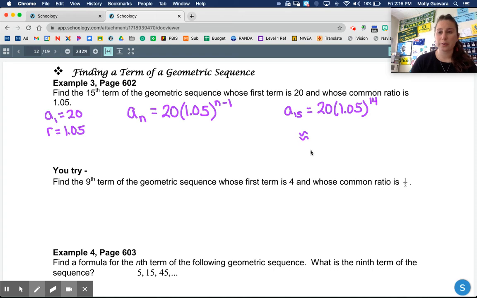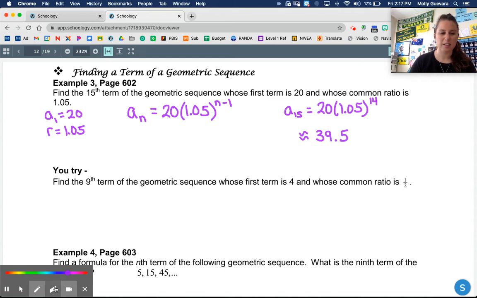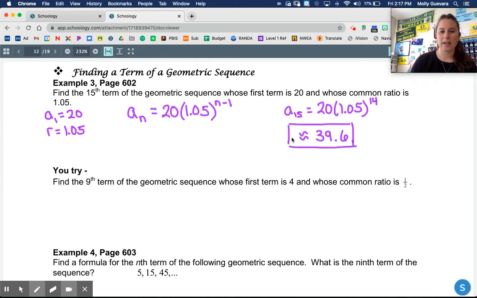Now, whenever we're doing these, you always want to check to see if you can turn your answer back into a fraction. In this case, you cannot. So it should be 39.56. That is the 15th term.